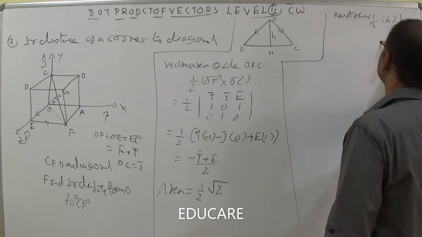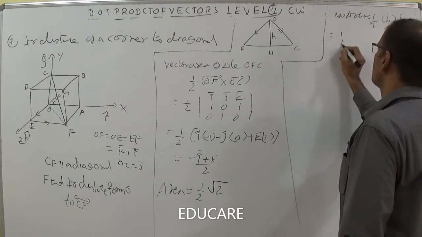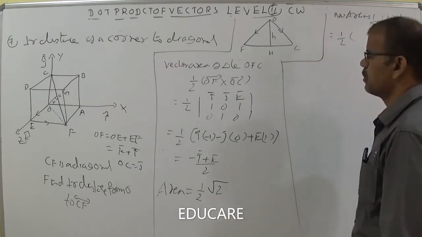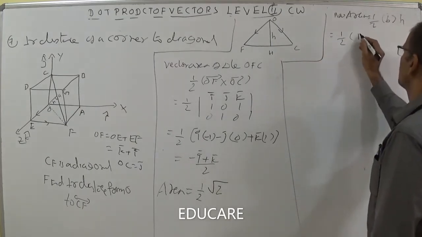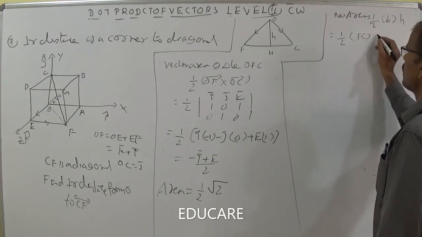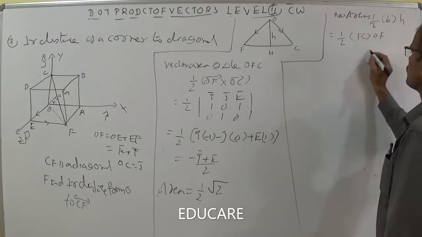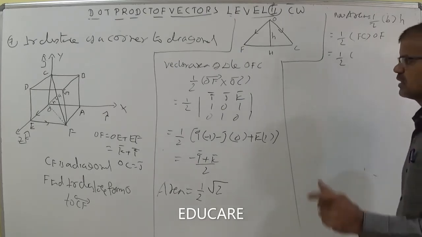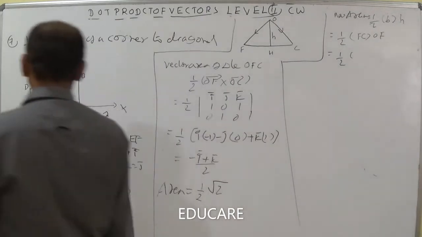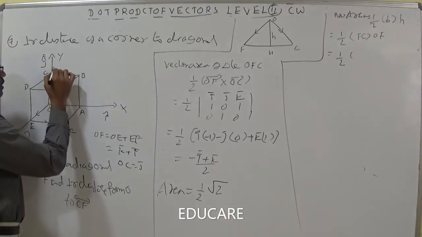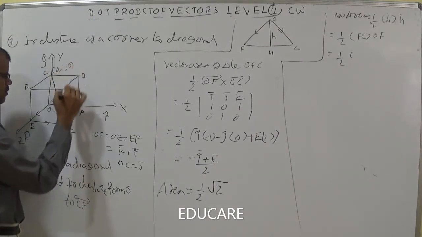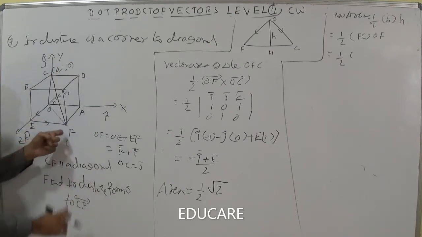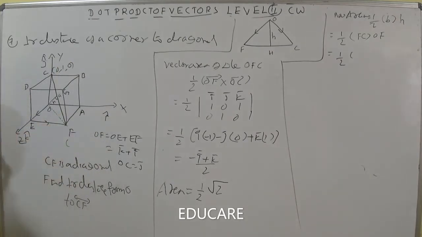What is the base here? FC. What is the height? OH. That is equal to 1 by 2 into FC, meaning the distance between F and C. Here C has components 0, 1, 0, and F is the point that lies on the XZ plane.